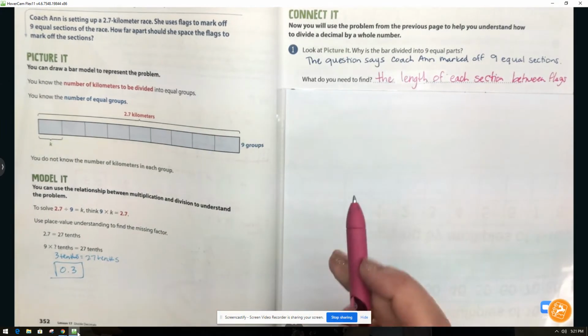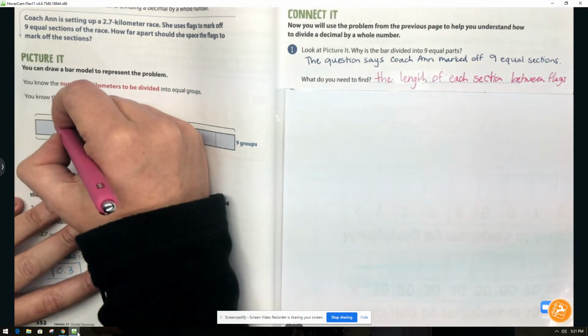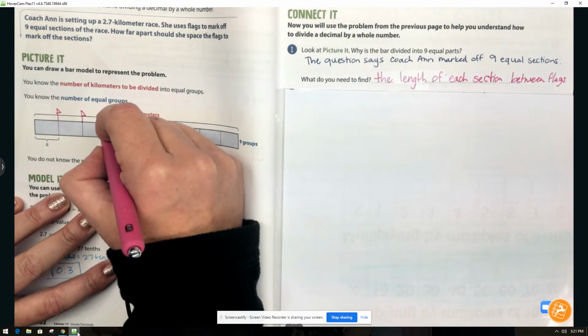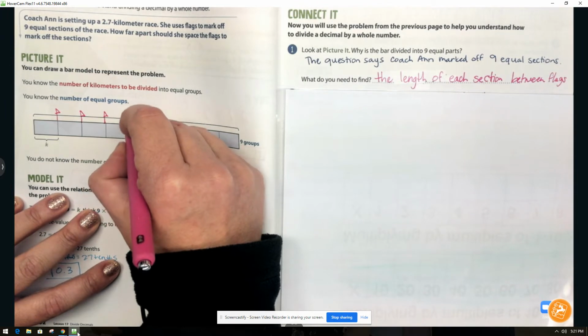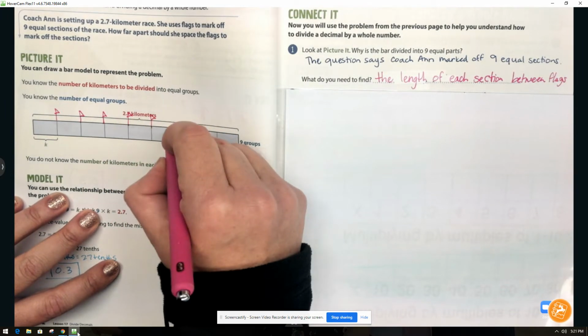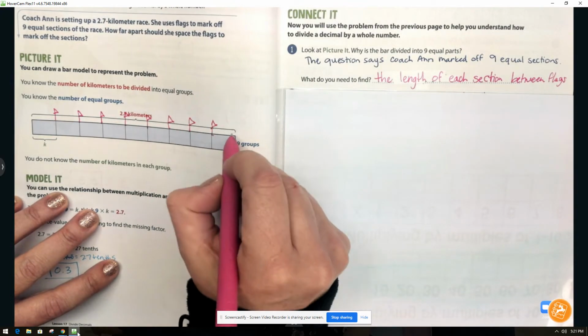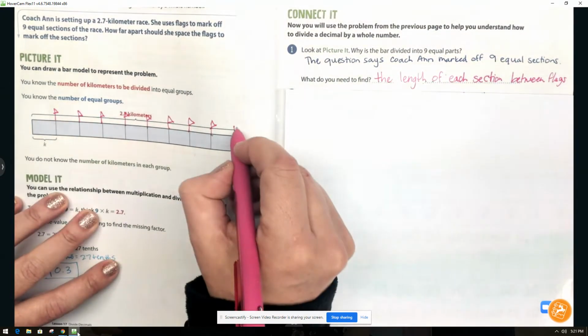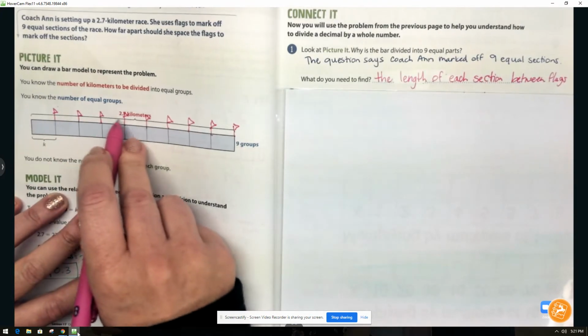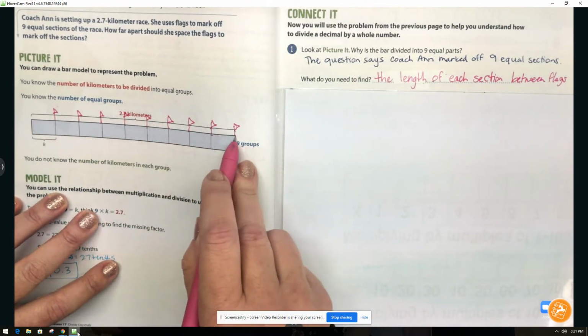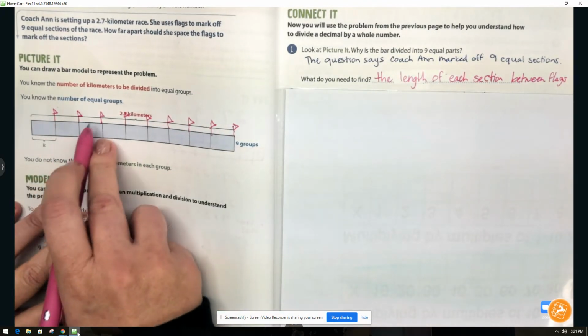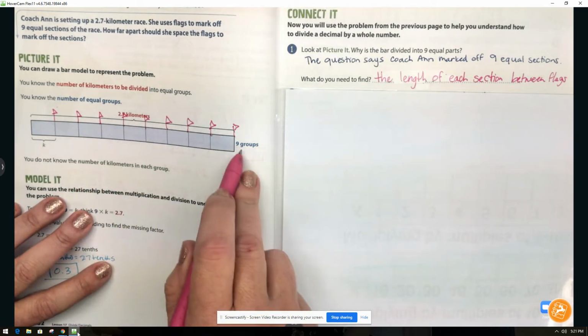So remember, we're going to put a flag up at the end of every one of these groups. These are all of our flags, including a flag at the end of the race. So when we count up all of our flags, we have 1, 2, 3, 4, 5, 6, 7, 8, 9 flags. So that tells us that we have 9 groups.